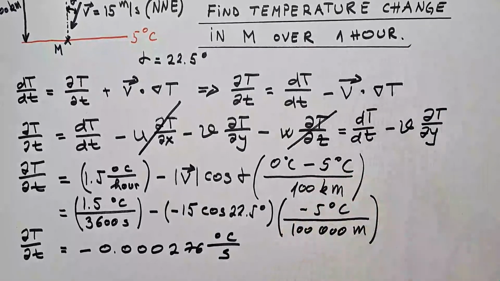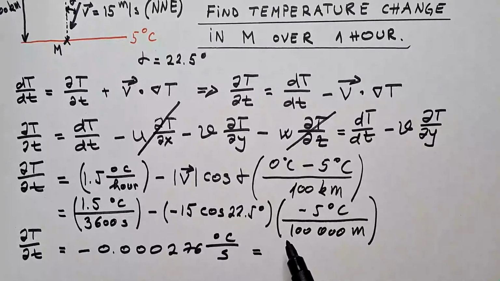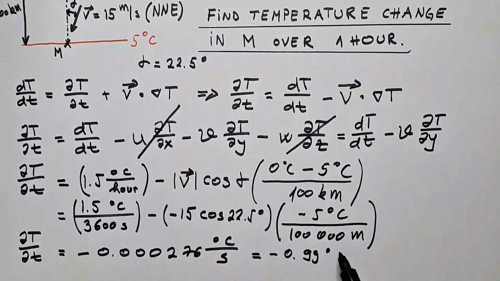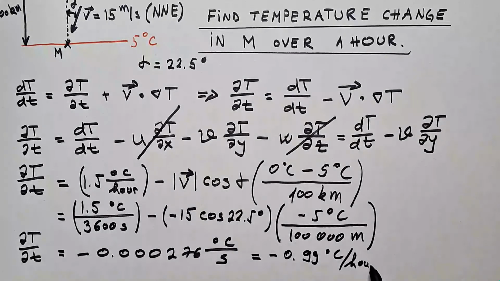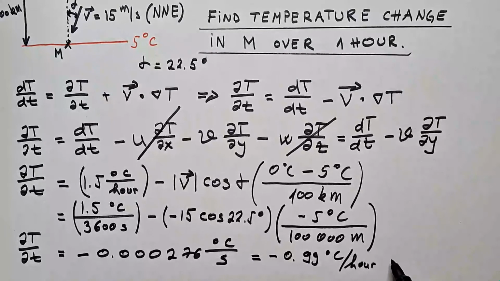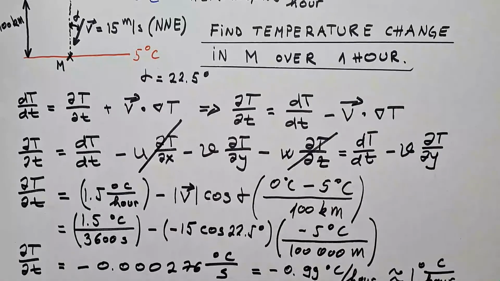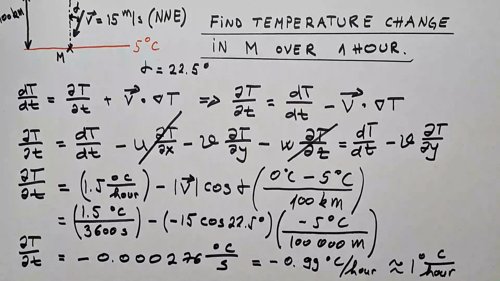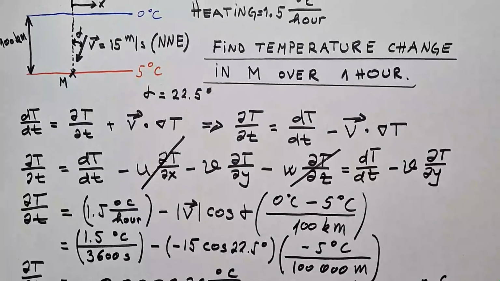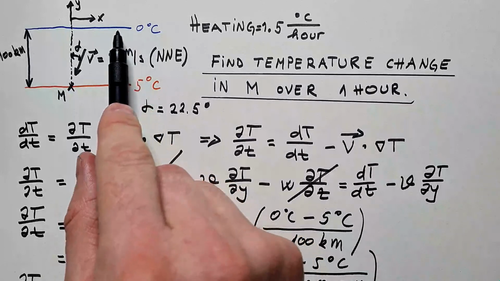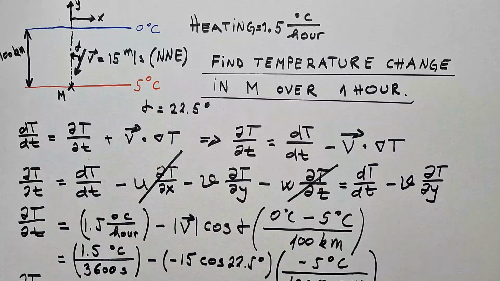But we need to find the change in 1 hour. So if we multiply this by 3,600, that will be equal to minus 0.99 degrees Celsius per hour, which is basically minus 1 degree Celsius per hour. So we see that in this particular problem, we have a positive rate of change due to heating and a negative rate of change due to the advection of cold air from the north.